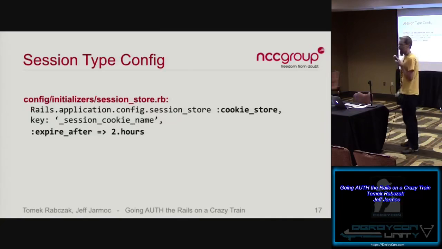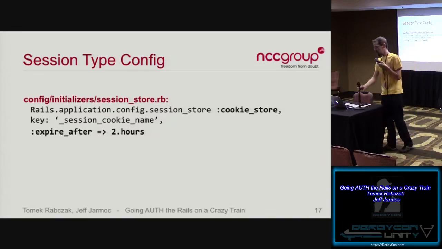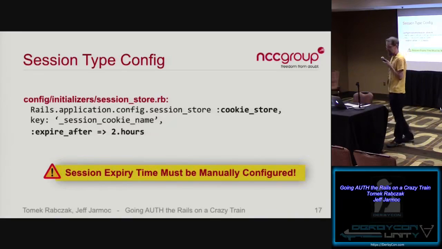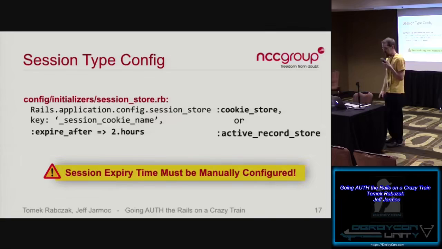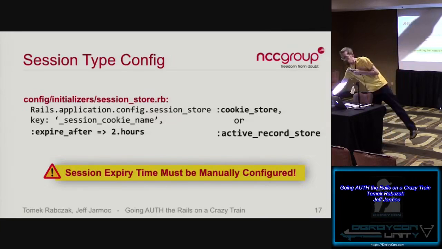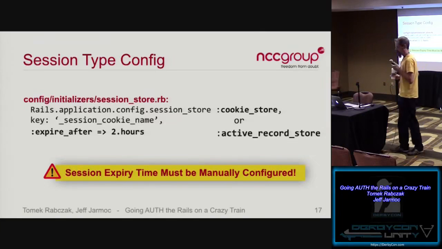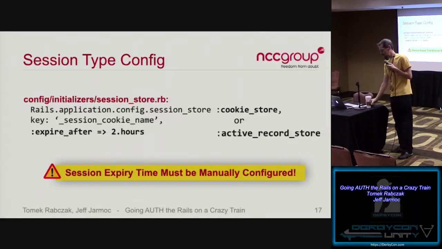Obviously you can do that black box, just have a session active and wait a while and see if it's still honored. But it's a lot easier to just look at the source. So session expiry time has to be manually configured. That cookie store setting is where you would change your session storage type if you wanted to use Active Record Store. You do still have to include the gem in the application to support that.